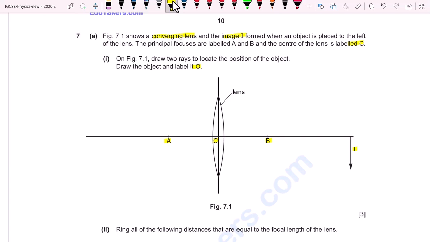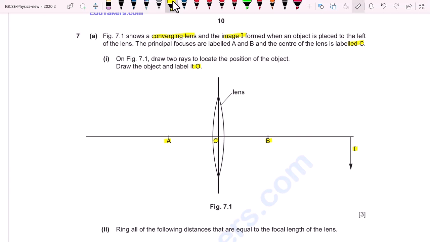After refraction by the lens, it passes through the point B and then forms the image. The second ray passes through C and goes straight to the other side. The third ray passes through the point A, and after refraction through the lens, it becomes parallel to the optical axis. In the question we are asked to draw two rays.